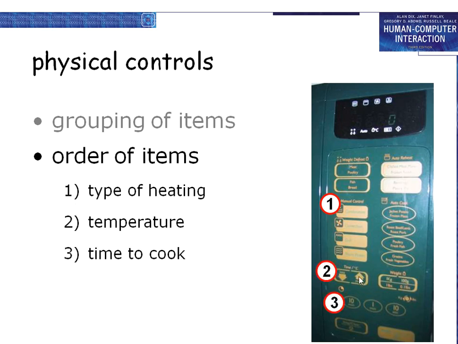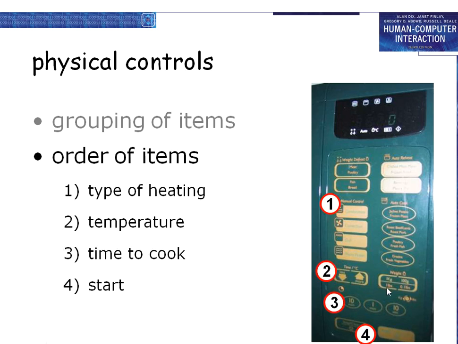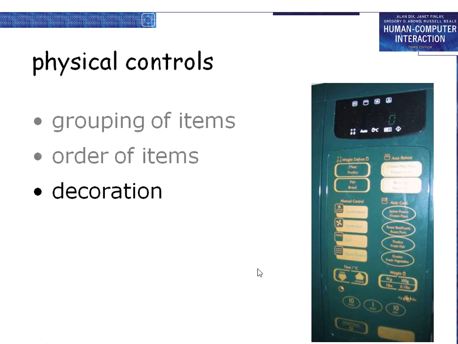The first, the second is to set the temperature. The third is to set the time to cook, and the fourth is to start. So the order of items refers to our steps, to the process of what we want to do in here.